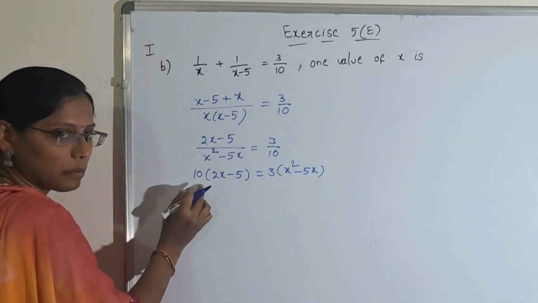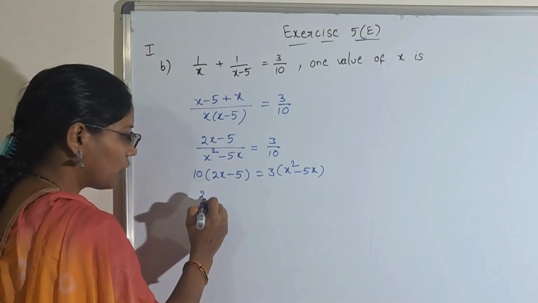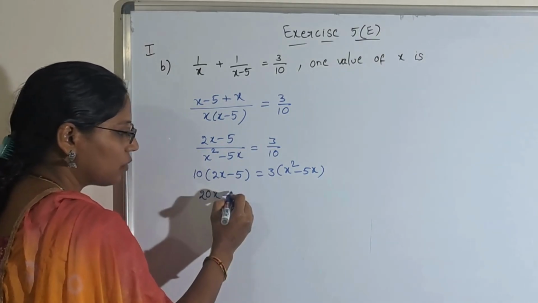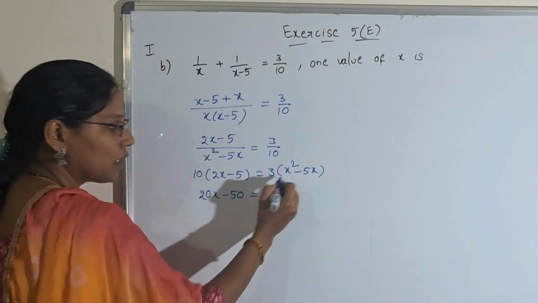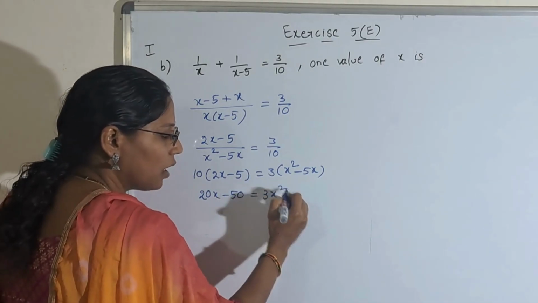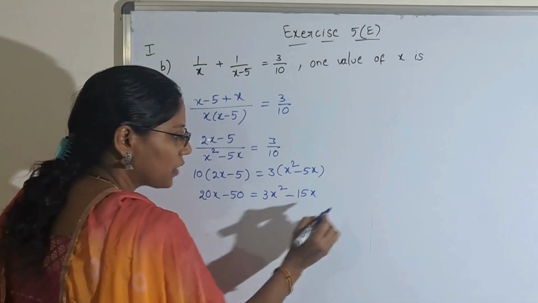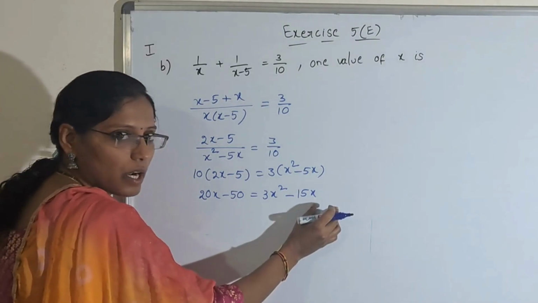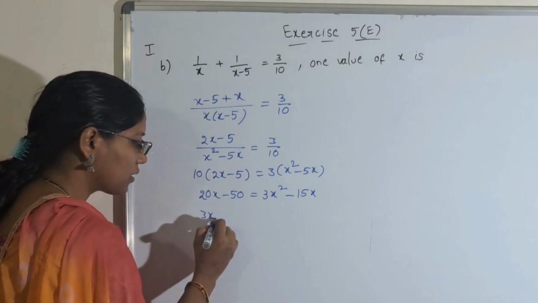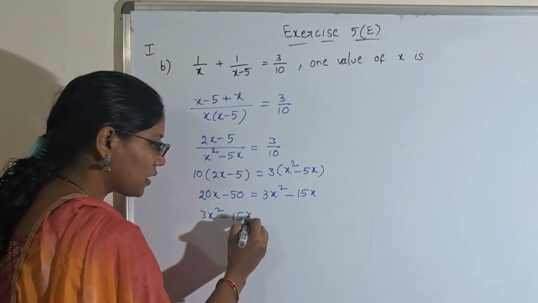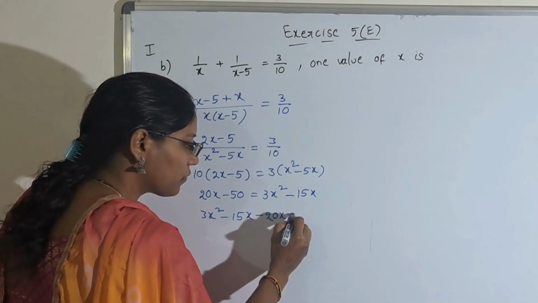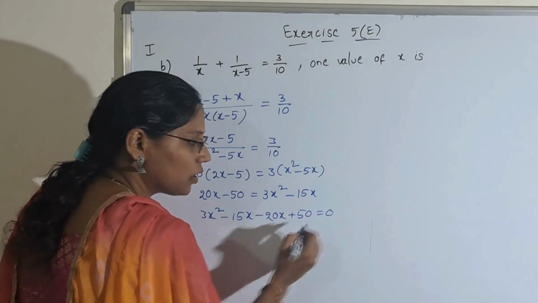Here multiply this bracket with 10: 10 into 2 is 20x, minus 10 into 5 is 50, equal to 3 into x square, 3x square minus 5 threes are 15x. These two terms we have to shift to the right side: 3x square minus 15x minus 20x plus 50 equal to 0.